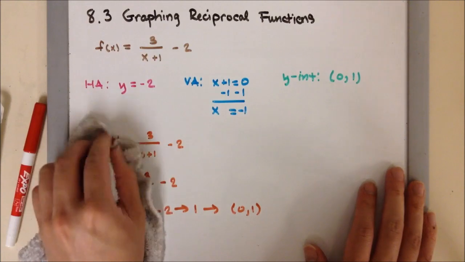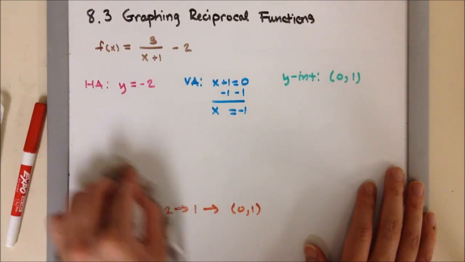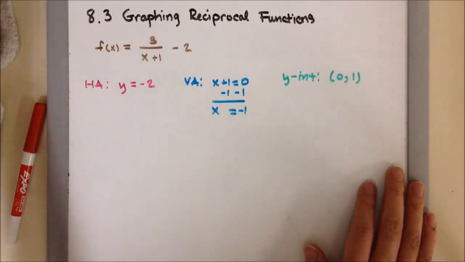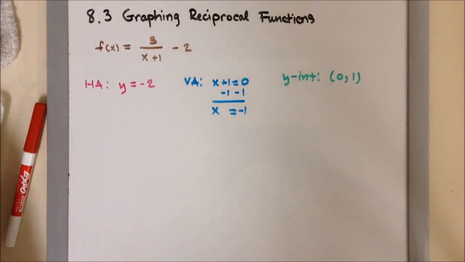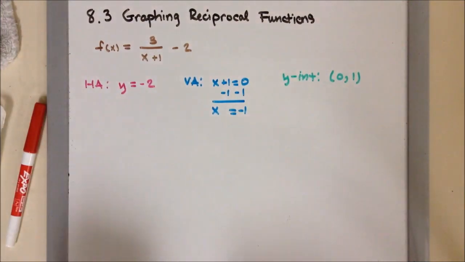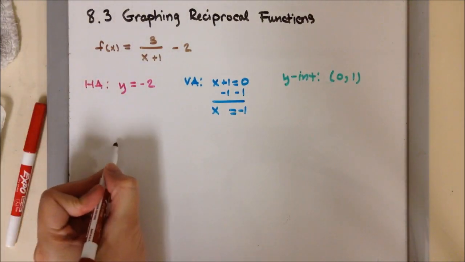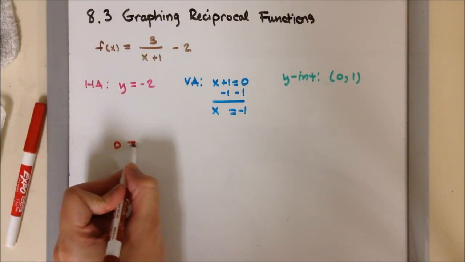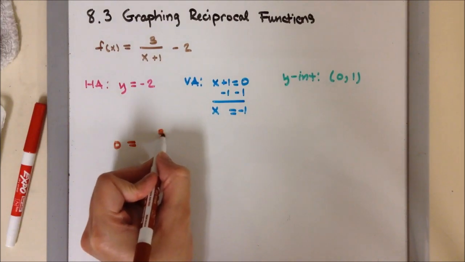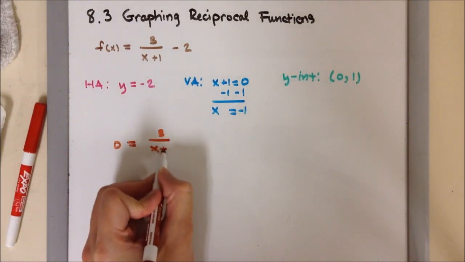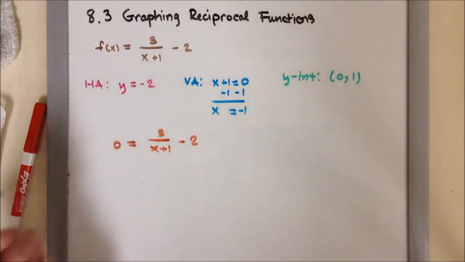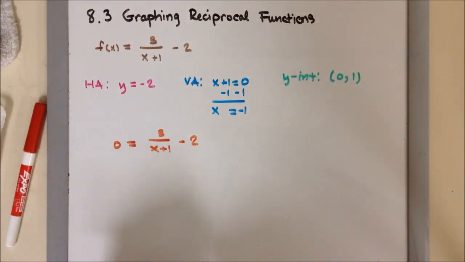Now for the x-intercept, it's going to be a bit different compared to what we did in 8.4. For the x-intercept, where it says f of x, that's where I'm going to put 0. So the whole equation, 3 over x plus 1 minus 2, will equal 0.